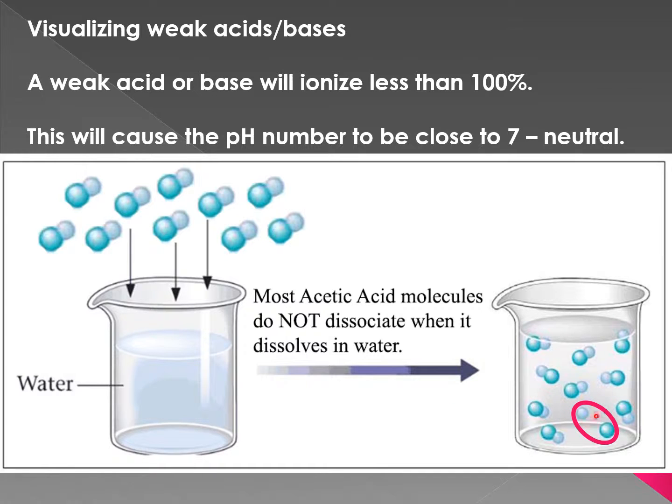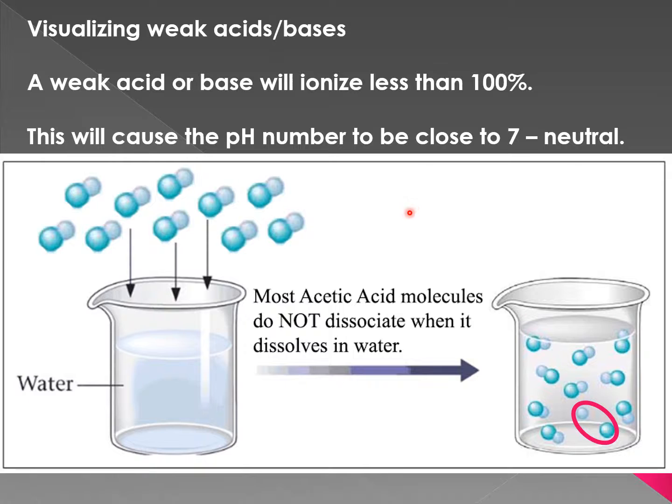Because there aren't a lot of ions, particularly hydrogen ions, or if this was a base, hydroxide ions, that means it will not stray very far from neutral, so it'll be close to 7. It should be in the upper acid range, which would be 5, 6, or even almost 7, or maybe in the low base range, which would be close to 7, 8, or 9.